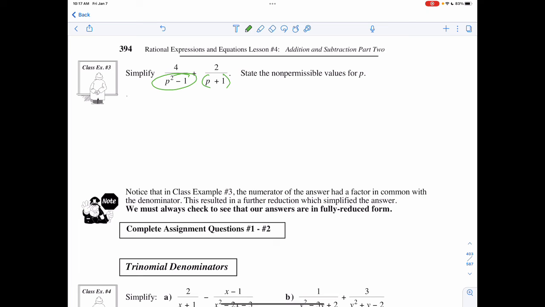So I'm going to say that it's going to be 4 over, when I factor p squared minus 1, p plus 1, p minus 1, plus 2 over p plus 1. And we can see that the p plus 1 is the same in both cases, but the second one is missing the p minus 1.